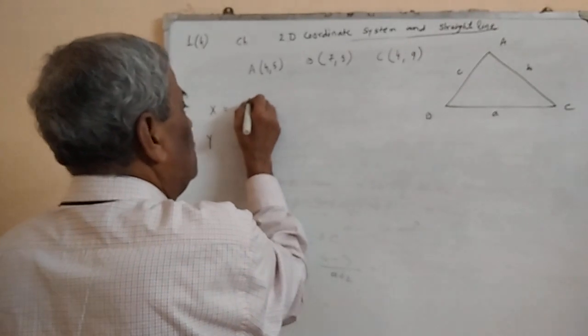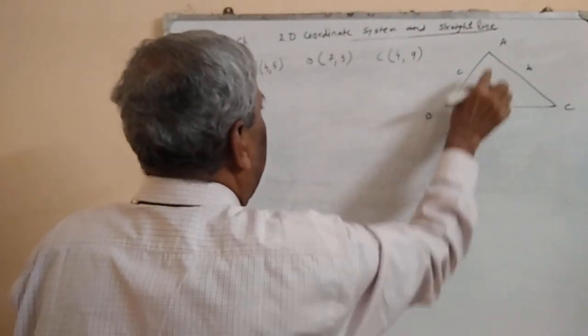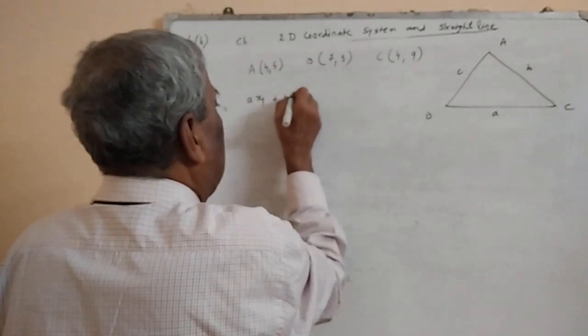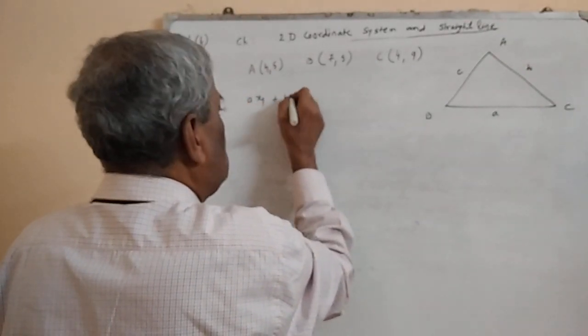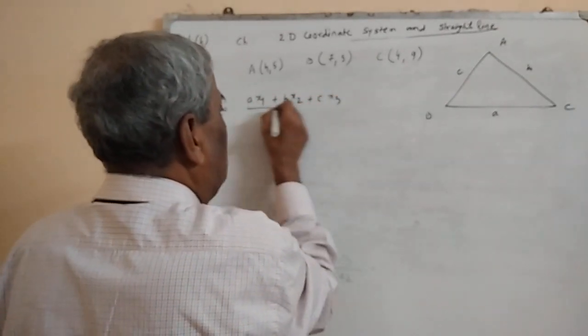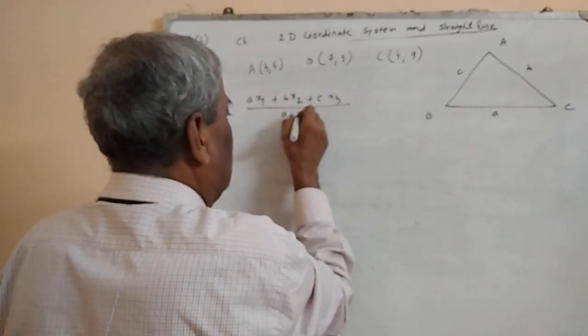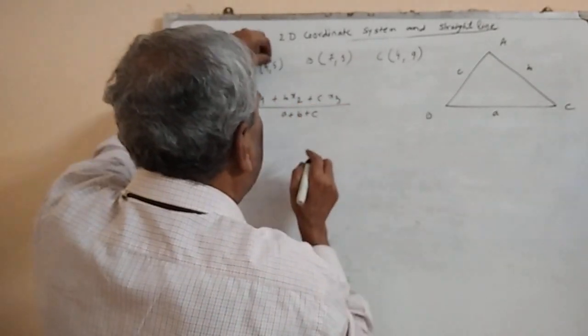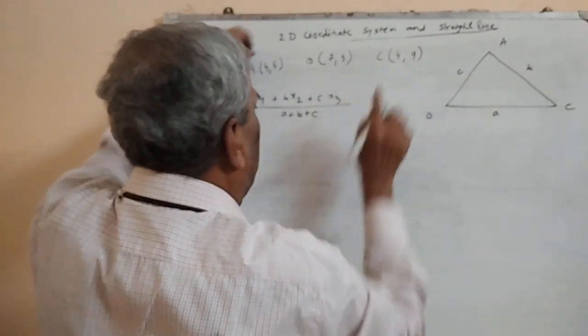Capital X is equal to (a x1 plus b x2 plus c x3) divided by (a plus b plus c). This is x1, x2, x3.